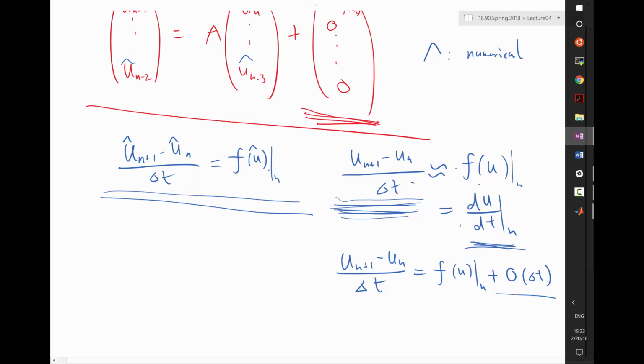Remember the big O notation for a first order scheme. We are making an O(delta t) error if we plug the analytical solution into the numerical scheme. So that's the first step in most error analysis: plugging the analytical solution into the numerical scheme to see how much error we are making per step.